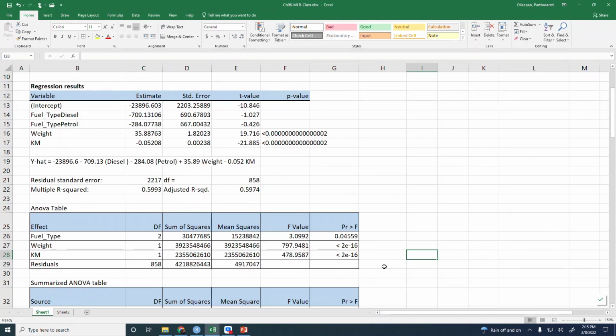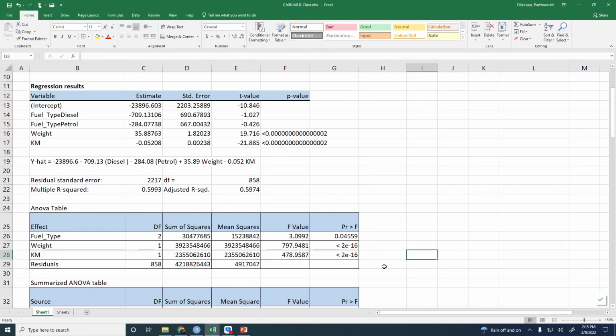Okay, n is the number of observations. P is the number of variables. So fuel type contributes 2 variables, and then you have 1 and 1, so there are 4 variables. P is equal to 4. So n minus p minus 1 is your degrees of freedom, and you divide the sum of squares by the degrees of freedom, you get your mean square for residuals.